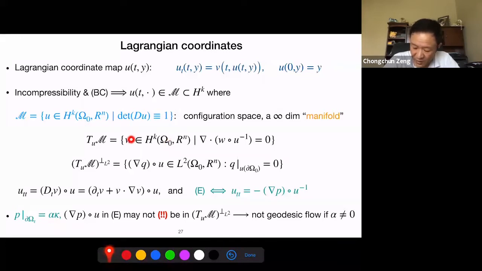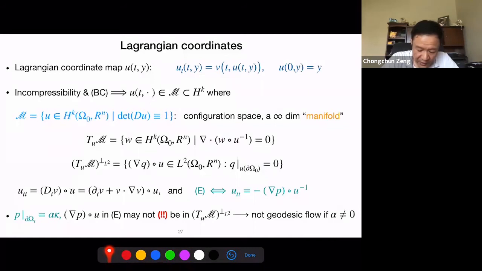If you compose with U inverse, you get back to the Eulerian domain, then you take the divergence, which should be 0. And again, from the same reason, the kinetic energy comes from the L2 norm of the velocity field, so it's natural to impose the L2 metric on the tangent space and the ambient space of the configuration manifold.